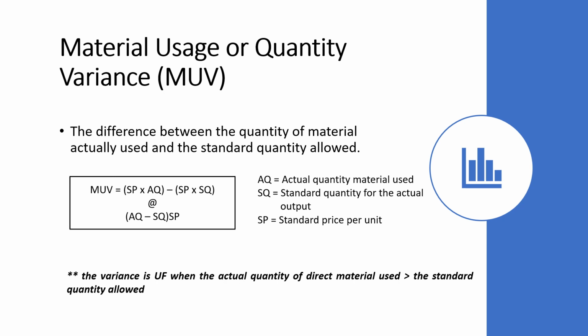Or you can simplify the equation to the actual quantity of material used minus the standard quantity for the actual output, times the standard price per unit. The variance is unfavorable when the actual quantity of direct material used is more than the standard quantity allowed.